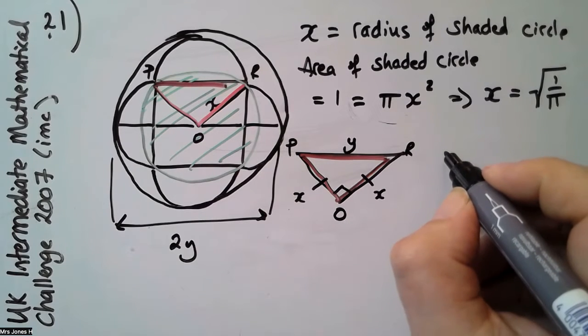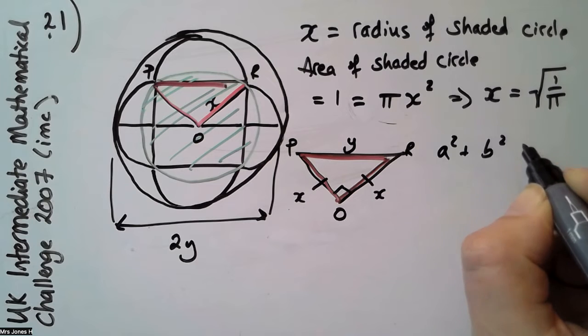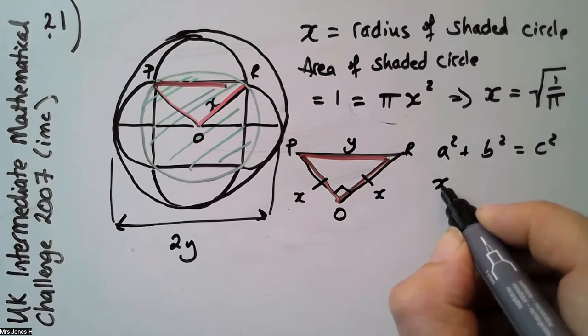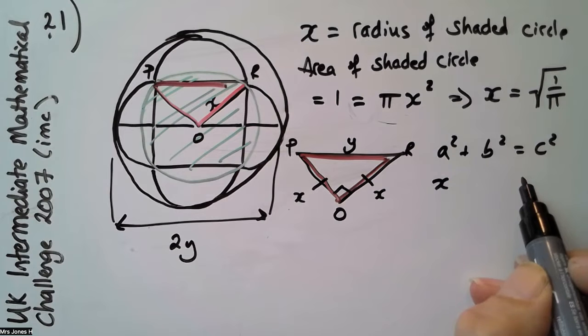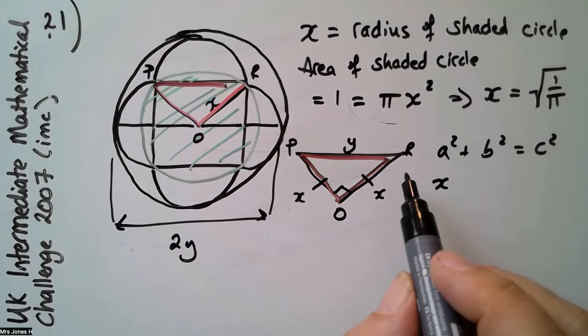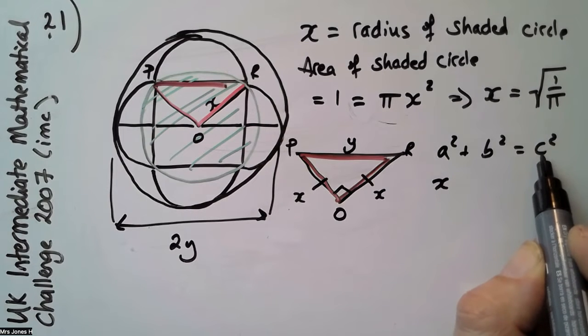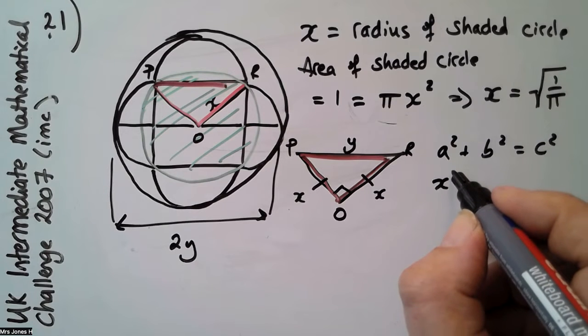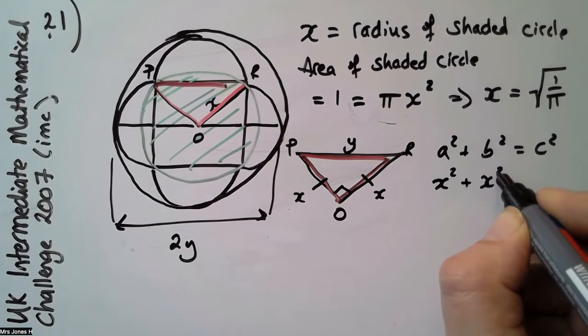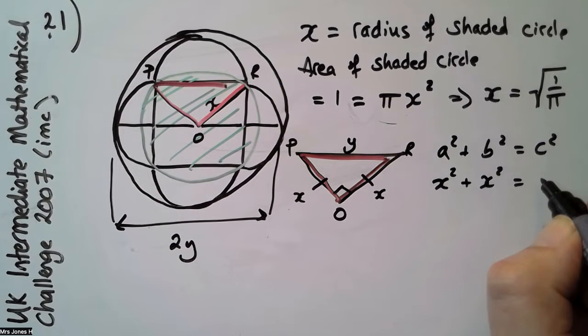So I'm going to use Pythagoras. Now you notice I'm not putting this in straight away. I want to rearrange this so that we've got something in terms of this y first before I substitute x, just to stop it getting a little bit messy. I know A and B are both going to be x.